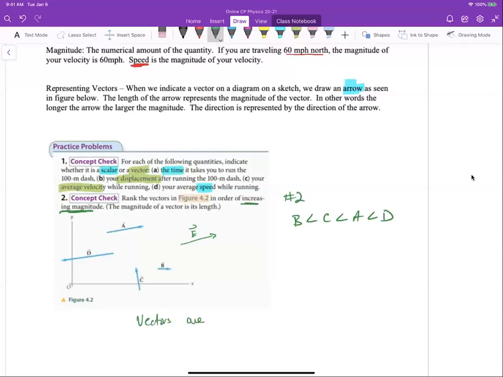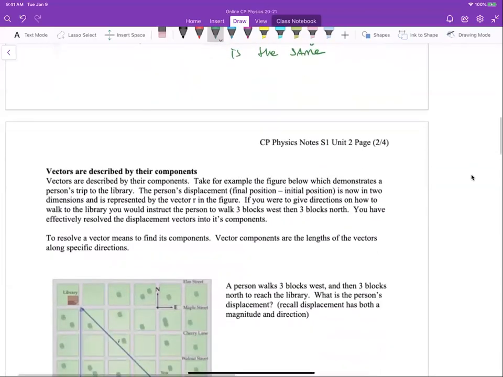Vectors are equal when magnitude and direction are the same. Doesn't matter where it started, so origin and final location don't matter. As long as the magnitude and direction are the same, then vectors are equivalent. That's going to maybe pop up again in the future.